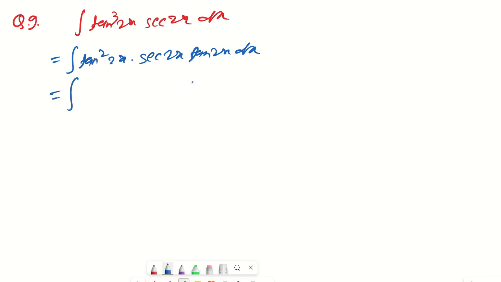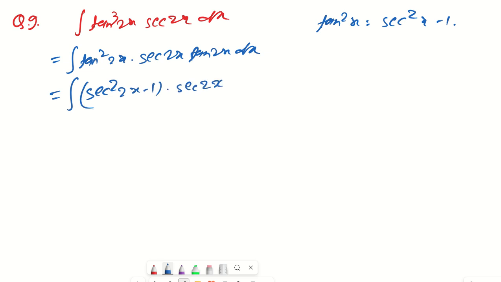Now I can write it down, tan square 2x can be written as sec square 2x minus 1, because we know already tan square x is sec square x minus 1. So from there I can write it down as (sec square 2x minus 1) into sec 2x tan 2x dx. Now let us try to put sec 2x is equal to t. Then what will happen? You know already sec 2x differentiation, it will become how much?